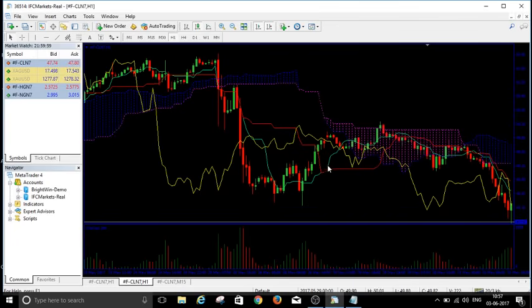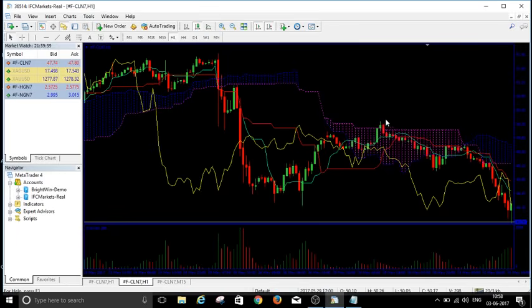So suppose you took a buy position over here, and you saw after that this line is getting flatter, so immediately book 15, 20, 25 pips, whatever you are getting, and look for sale. This is a Kumo ceiling. It just touched and market reversed from here.